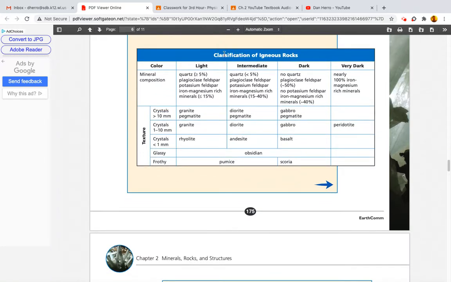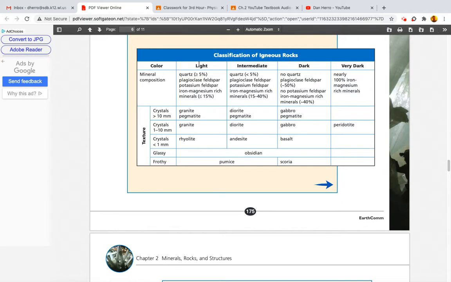Here's a classification of igneous rocks that you can either pull from the PDF or you can take a screenshot of this video right now and crop the sides of it. Okay, so how do we classify igneous rocks?